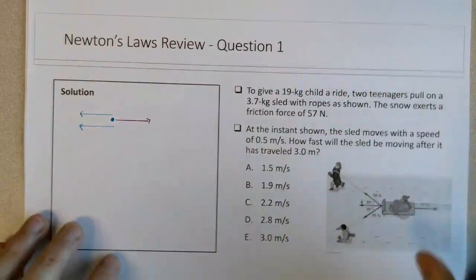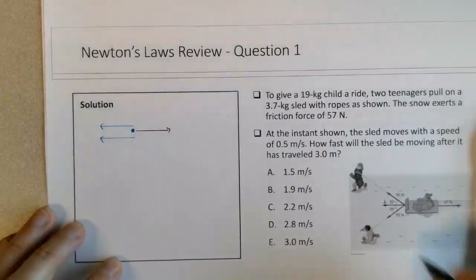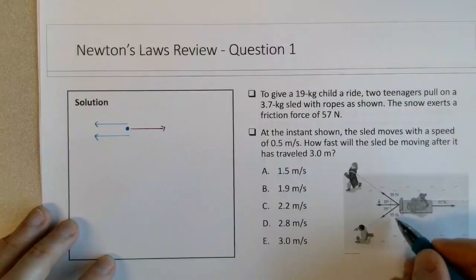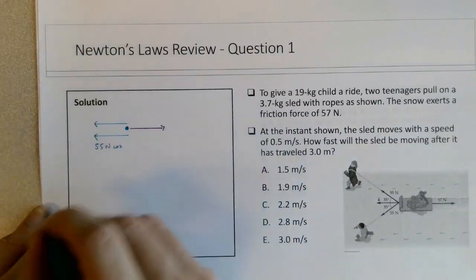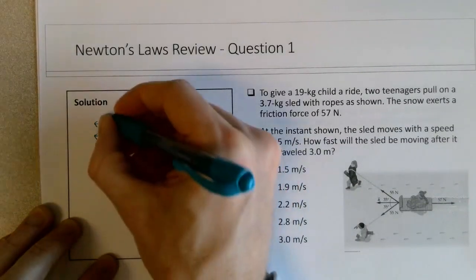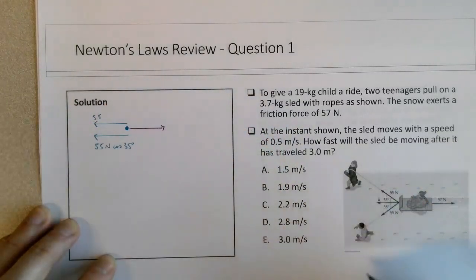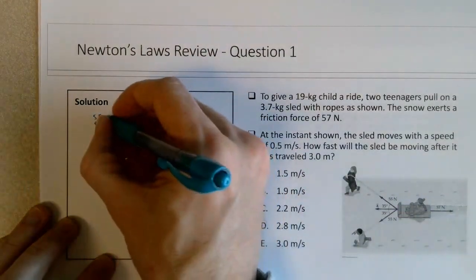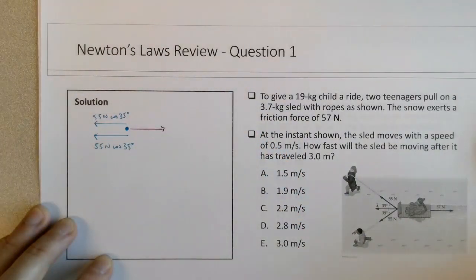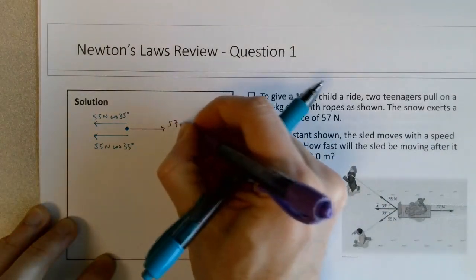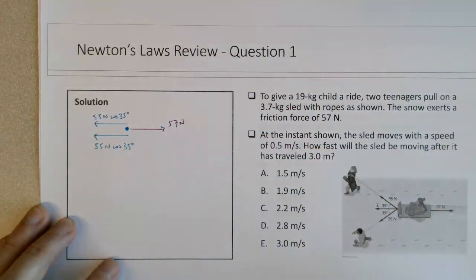So these two are going to be the x components of these 55 newton forces, so these will be 55 newtons times the cosine of 35 degrees. Both of the adults are pulling with the same size force and the same direction relative to the horizontal, and then this friction force is 57 newtons in the opposite direction of the motion.